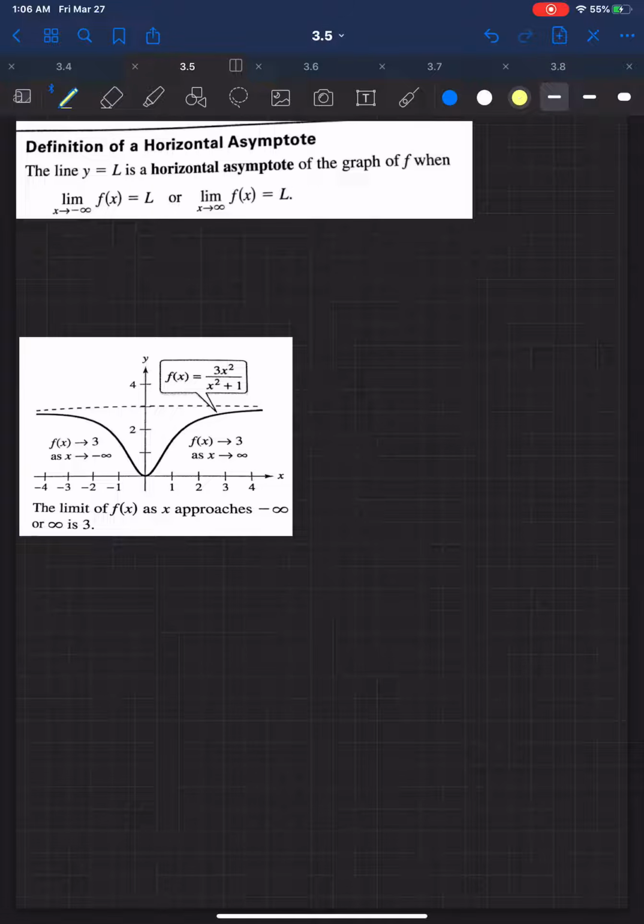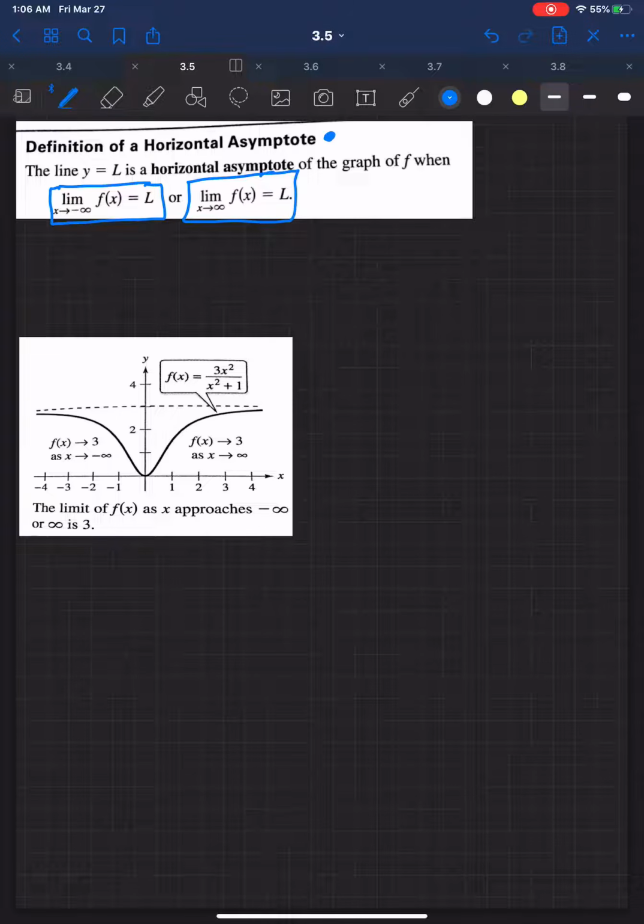So we're just going to look at the definition of a horizontal asymptote. Notice that now that you have the language of calculus, you're able to formalize what you mean when you say a horizontal asymptote.